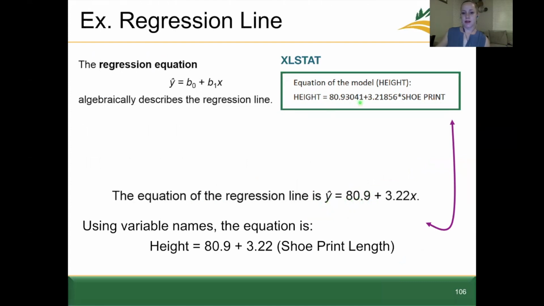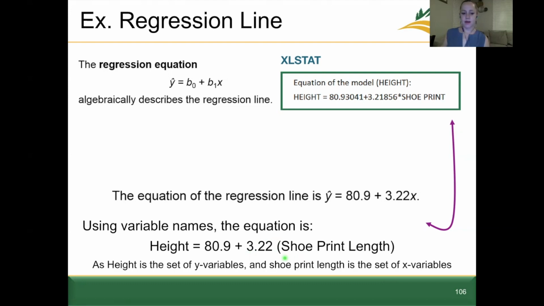So that's our y-intercept, plus 3.22. That's our slope rounded up, multiplied by x, which is our x variable, which in this case is shoe print length. Using actual variable names here, y is the height. So height is equal to 80.9, our y-intercept, plus the slope, 3.22, multiplied by our x variable, which is shoe print length.